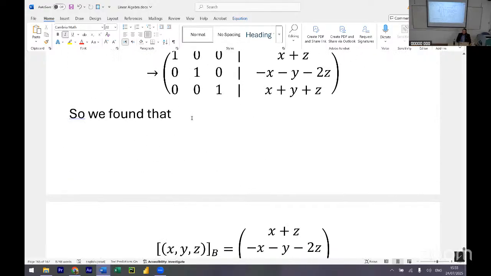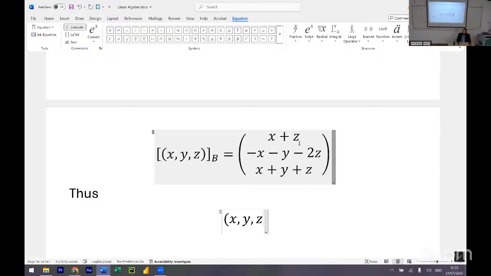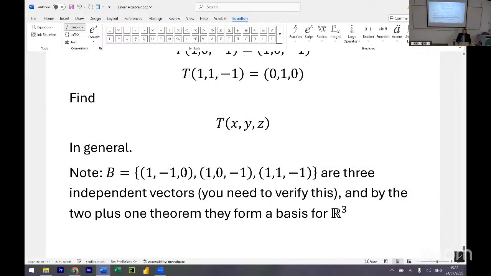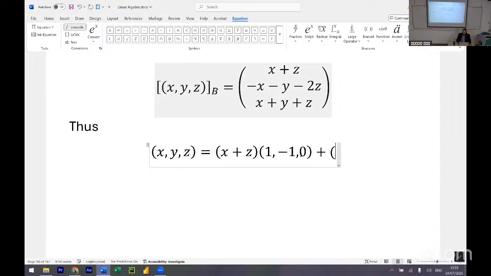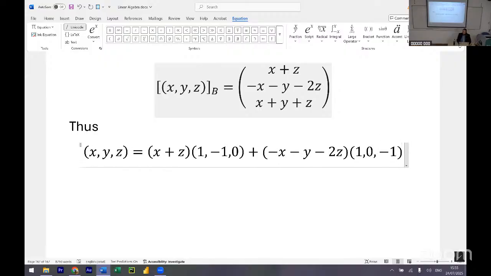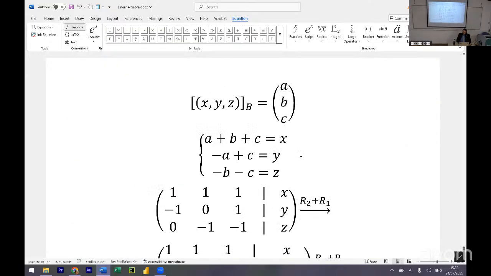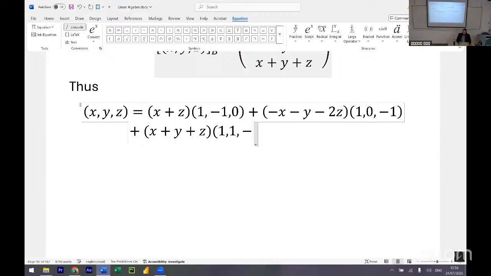We write it thus: x, y, z equals x plus z times the first vector, which is of the basis, which is this one, plus minus x minus y minus 2z, all a scalar times the second vector, which is 1, 0, minus 1, plus x plus y plus z times the third vector, which is 1, 1, minus 1.